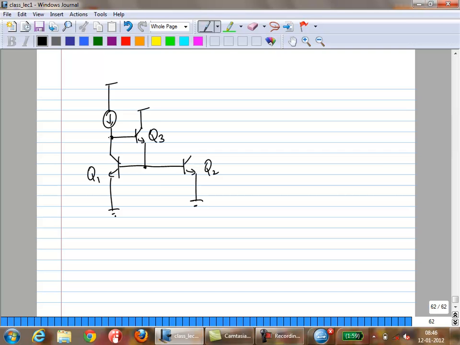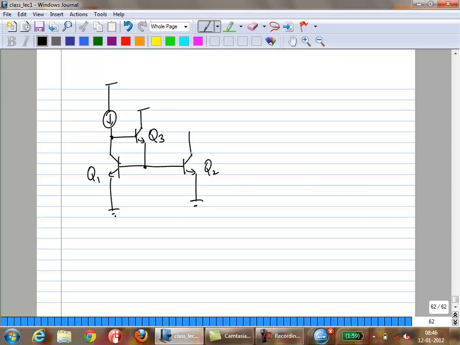Because of that you add the transistor Q3 over here, and you can show that the overall current error goes as the inverse of the product of the two betas. In other words, the bias current for Q3 is nothing but IB1 plus IB2. What is the base current drawn by that? That over beta F3. So the error in this reduces further.